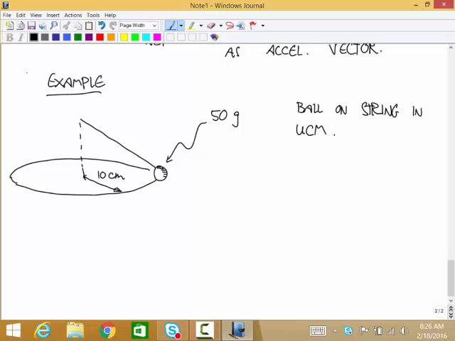And so we want to know, first, what's the direction of the net force at this instant shown?